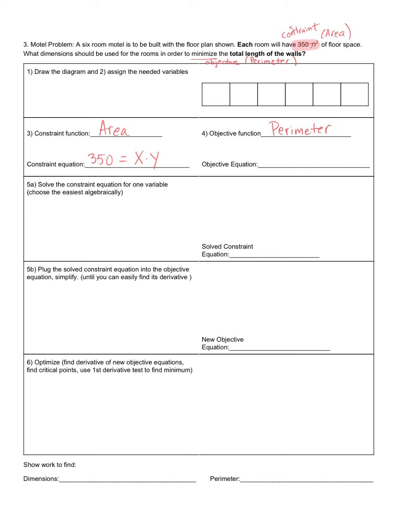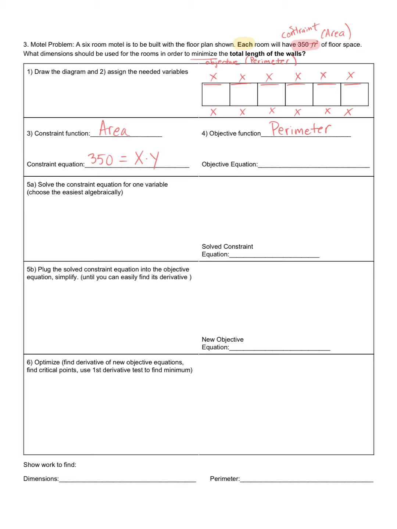Now, we need variables. So because it says each room, we need every single one of those lengths. So that's what's different about this problem. We need all the walls. All right. So again, the key word here, I'm going to highlight it in yellow, each room. Okay.